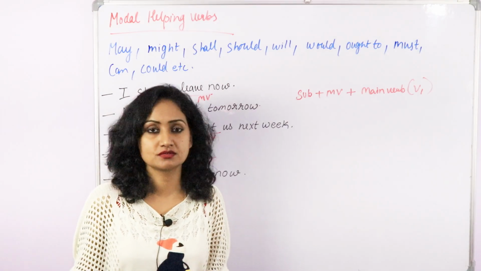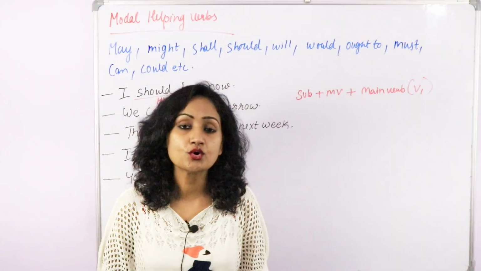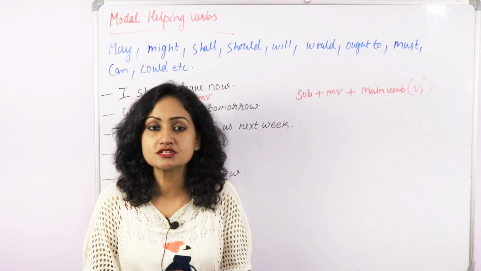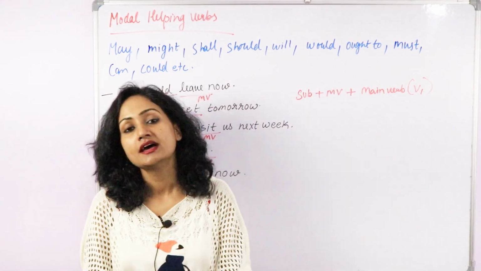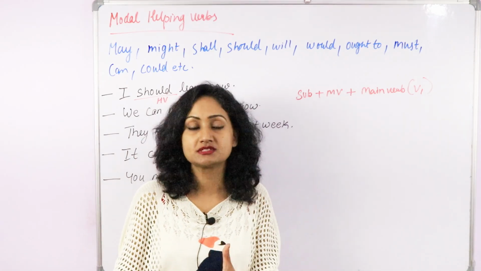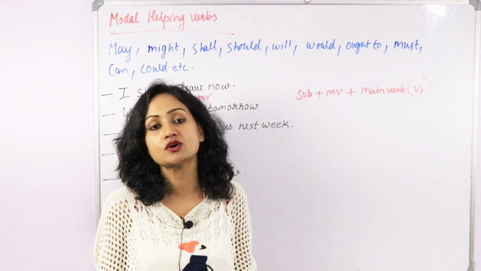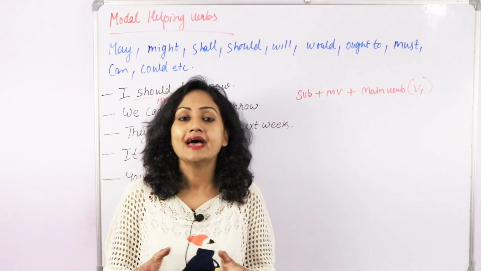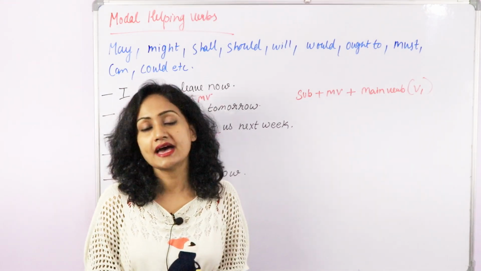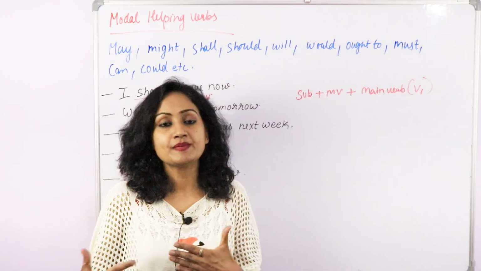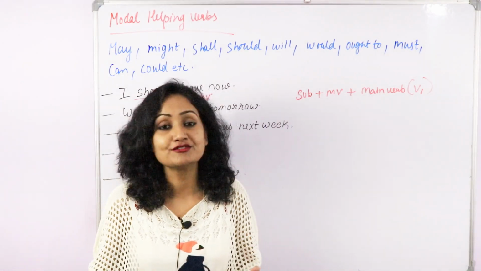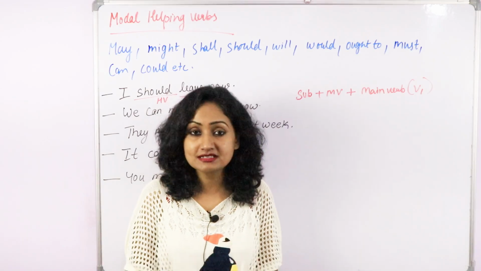Please watch the videos. Now I hope you all must have understood the difference between main verb and auxiliary verbs, what are auxiliary verbs, what are primary auxiliary verbs and modal auxiliary verbs, and how they can be used as a main verb as well as a helping verb depending upon the sentence. Still, if you have any doubts, you can mention them in the comment section.